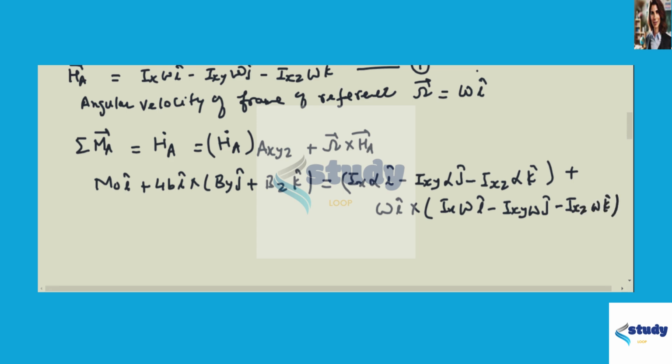Now simplify the right hand side. We can write MO I. First we will simplify this term.